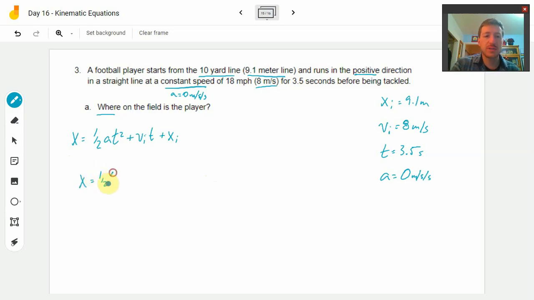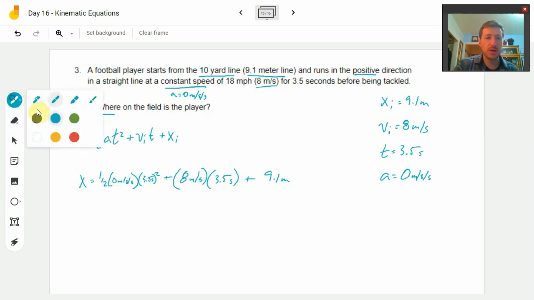Position is equal to 1/2 times 0 times 3.5 seconds squared, plus the initial velocity, which was the velocity the whole time, which is 8 meters per second, times the amount of time, which is 3.5 seconds, plus the starting position, which was 9.1 meters.